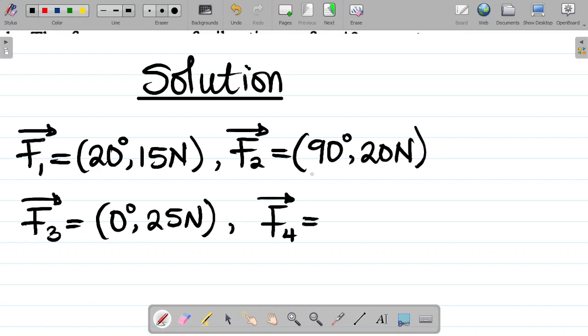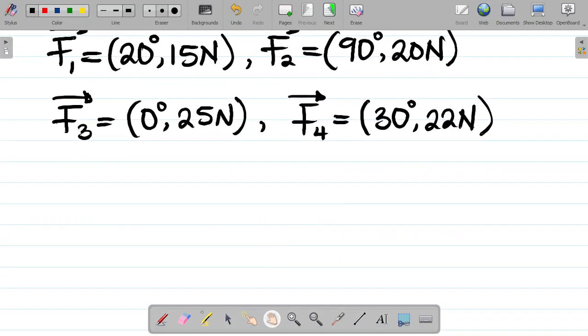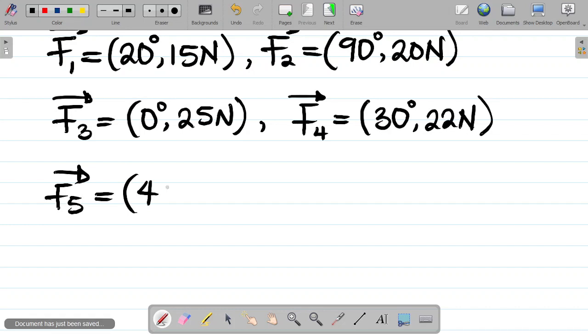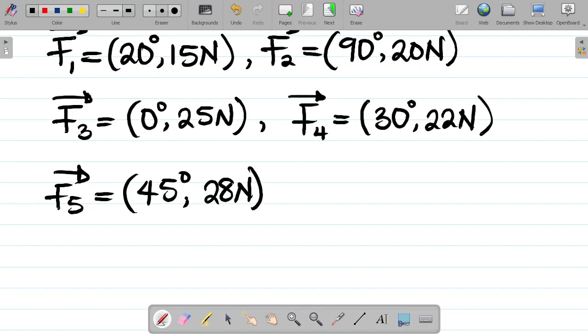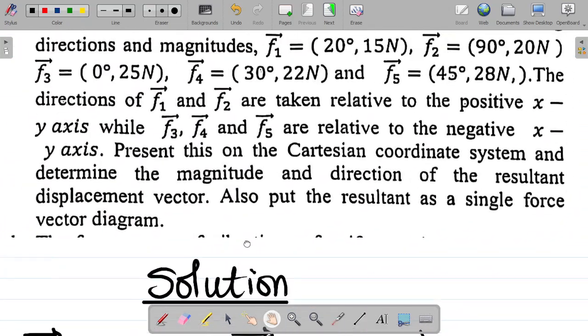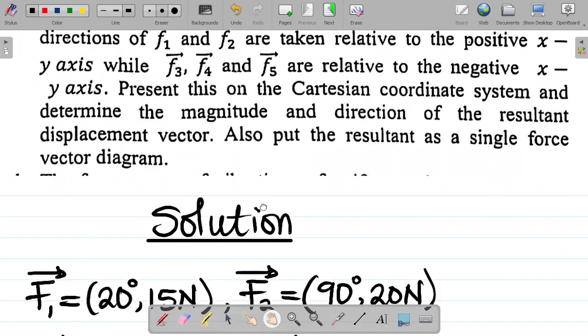The value of F4 is equal to 30 degrees, 22 Newton. And then finally you have F5, whose value is given as 45 degrees and 28 Newton. So basically, these are your given forces from the question.